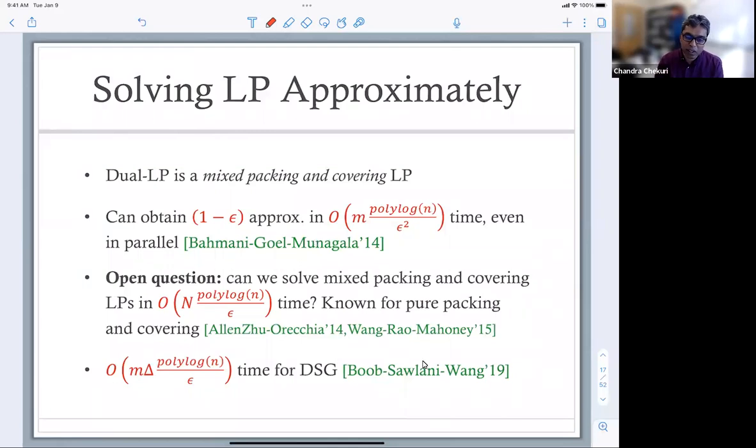But people wanted to get some weaker form of this result. And so Boob, Sawlani, and Wang showed that you can get a dependence of 1 over epsilon, but you pay something extra over this, where the factor is the maximum degree of the graph. So if the degree is small, it is good, but in the worst case, it's not so good. If the degree is n, you're maybe not getting such a good algorithm.